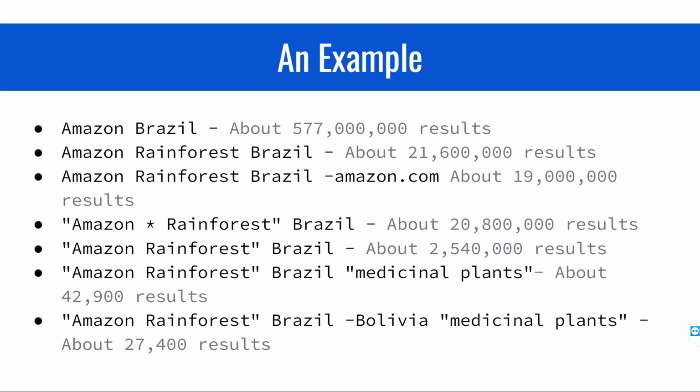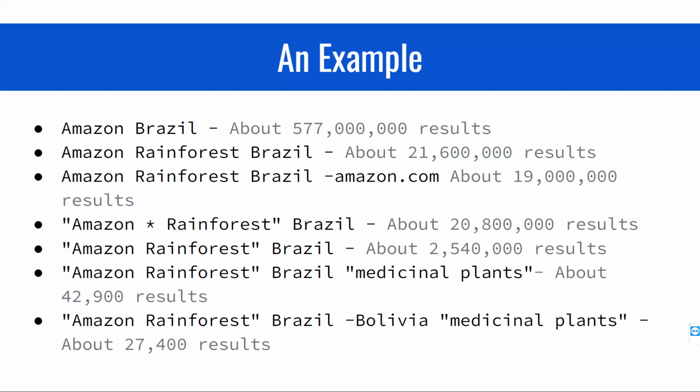The next try is Amazon, and I use an asterisk as a marker so that it could be any other word between Amazon and rainforest. And I have those in quotation marks, and then Brazil, and that ups my results to about 20 million.